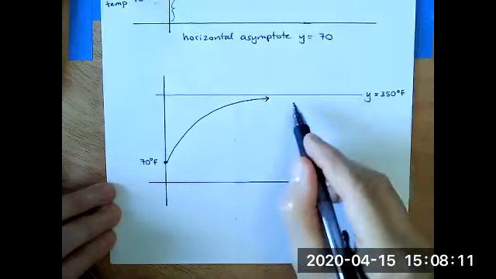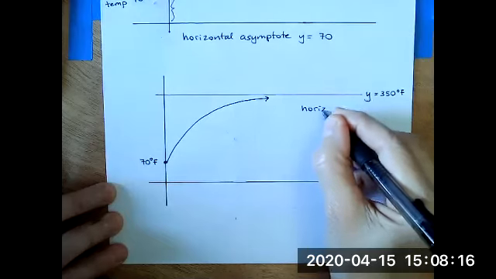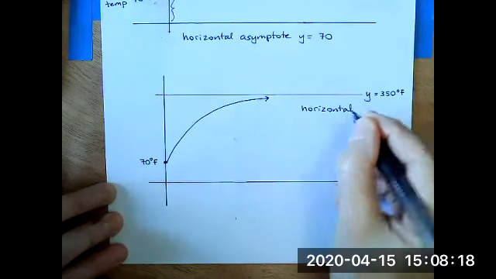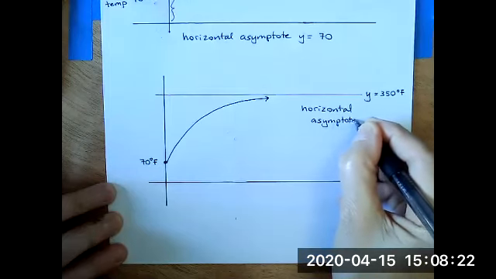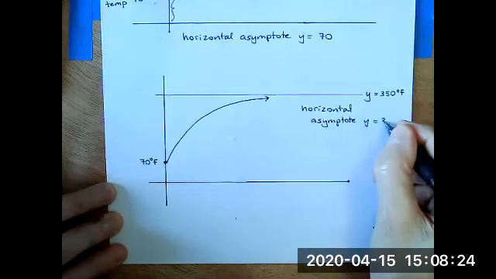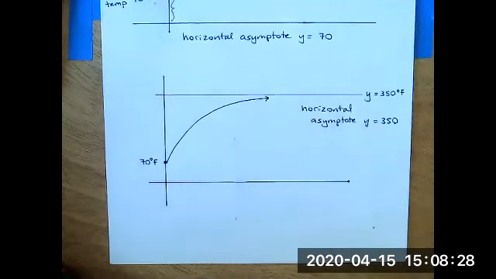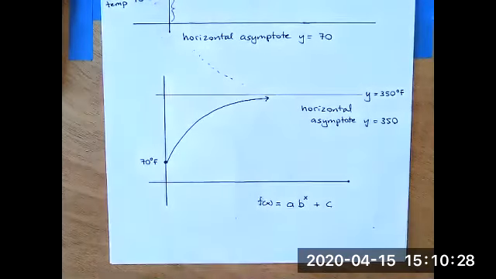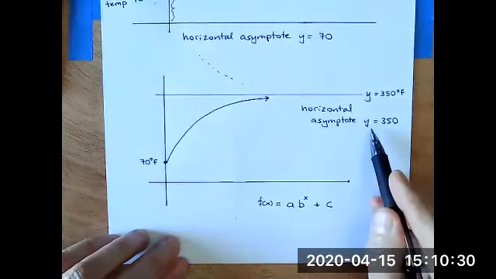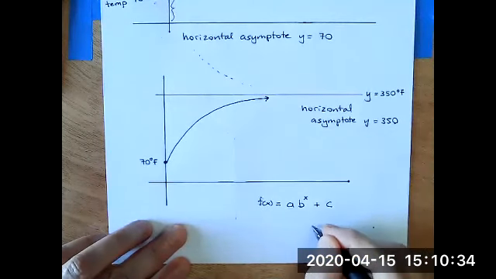So this graph will have a horizontal asymptote of y equals 350. The horizontal asymptote is 350. That means that C is 350.